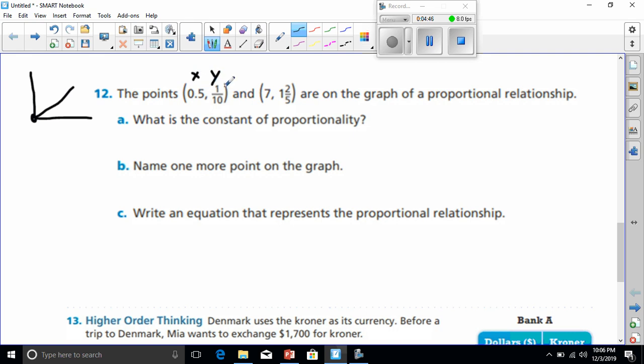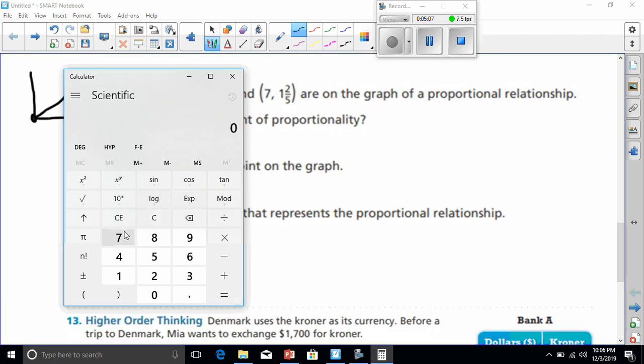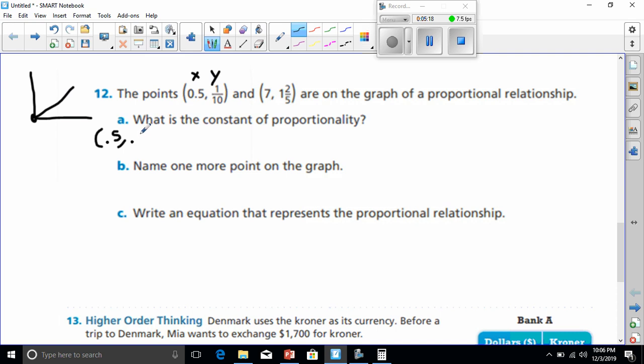So the first thing we have to do is put both of these as decimals. This is going to be 0.5, but 1 over 10 would be 1 divided by 10, right? And we'll put that in a calculator so you can see exactly how that turns out. 1 divided by 10 equals 0.1. So now we've got 0.5 and 0.1 as our x and y.